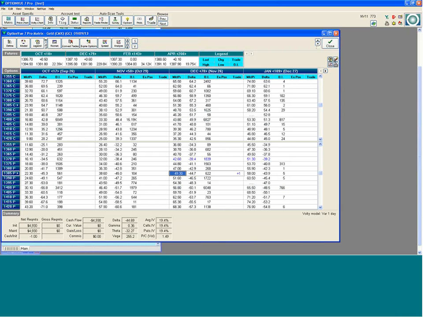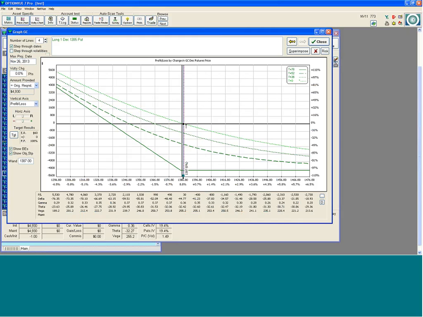The key here is when you are dealing in options, in this case a single option, your risk is now not just a function of market movement, price movement in the underlying, it's now a function of how long you are going to hold the trade and how sensitive this trade is to implied volatility.